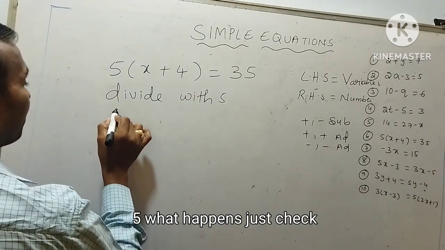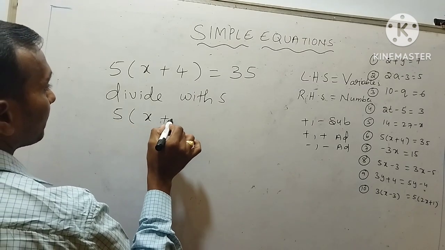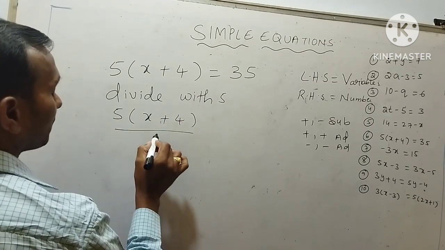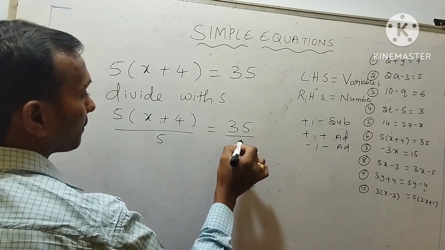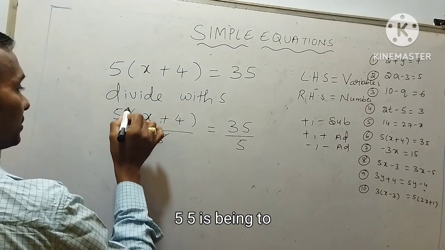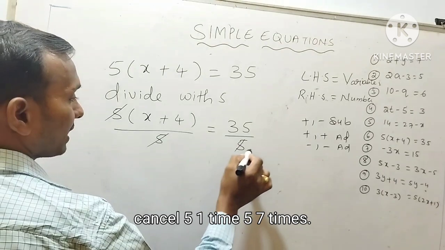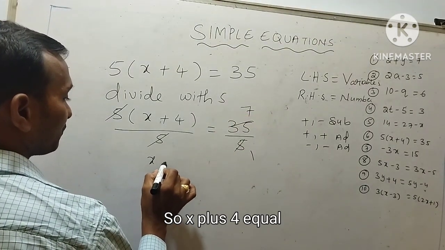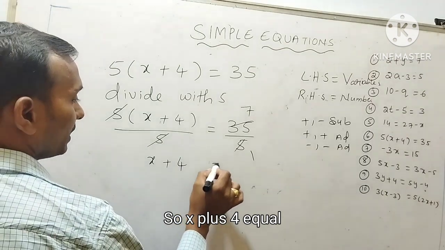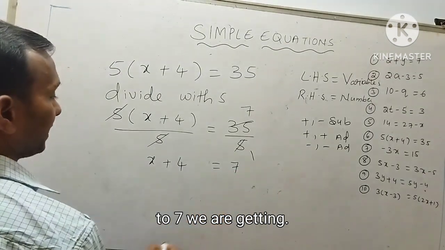If you divide with 5, what happens? Just check. 5 is going to cancel. 5 one time 5, 5 7 times 35. So x plus 4 equal to 7 we are getting.